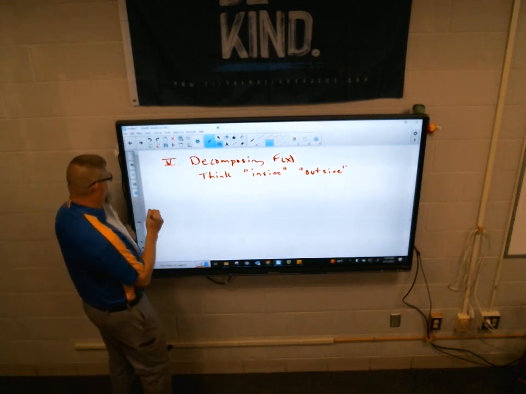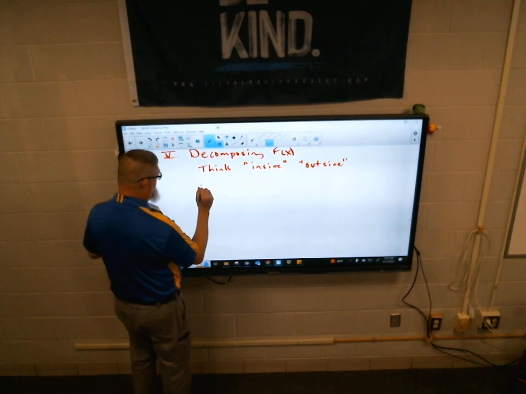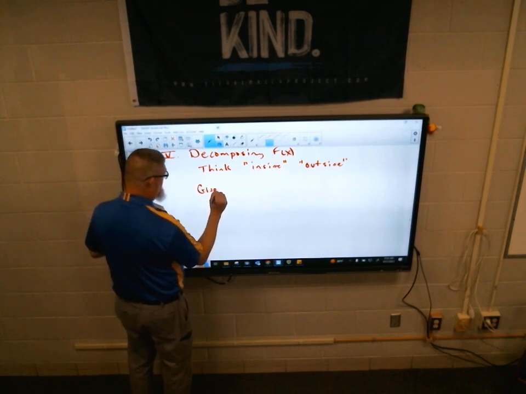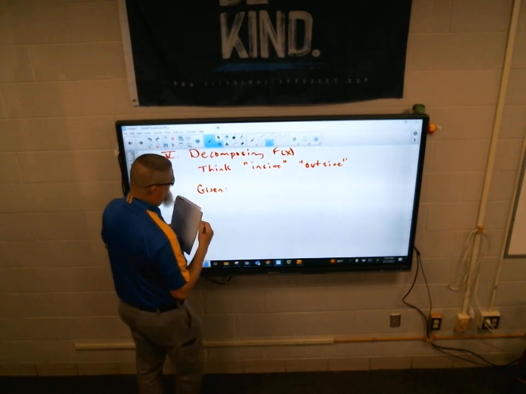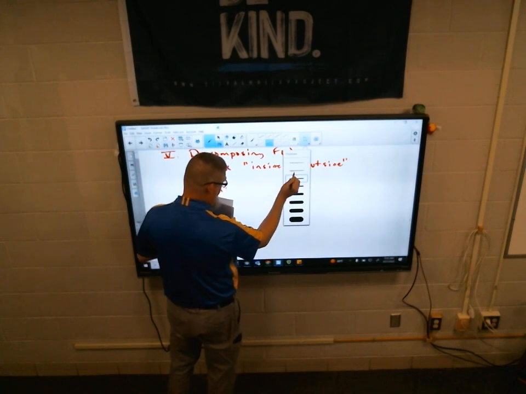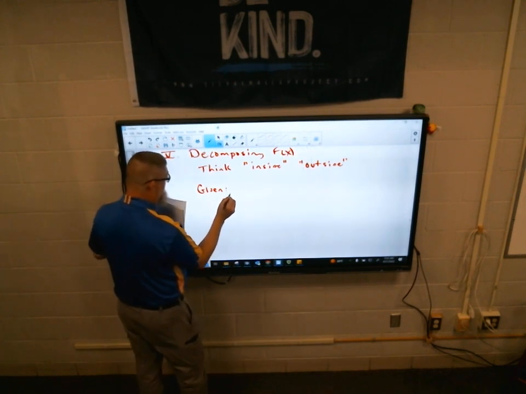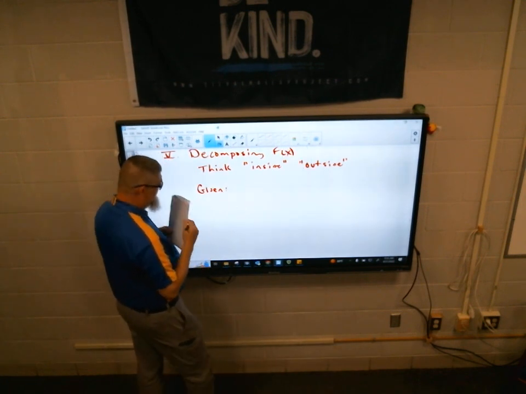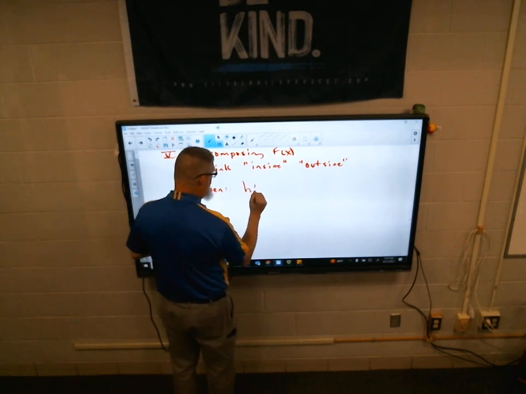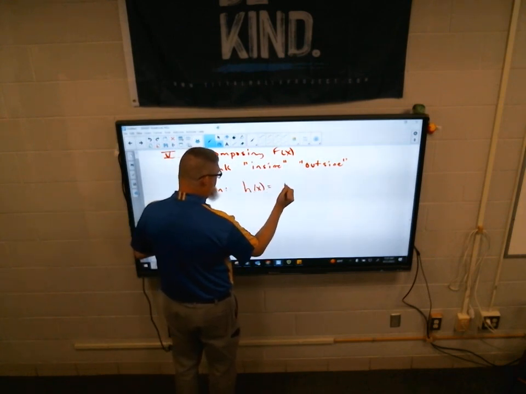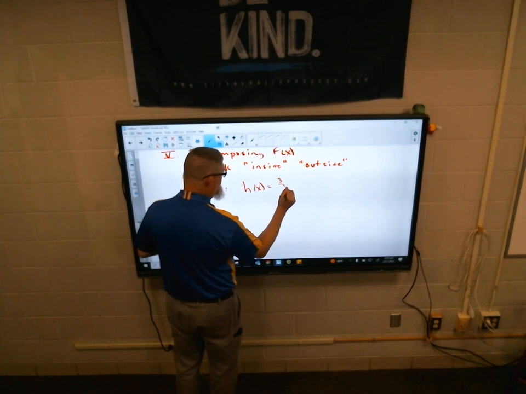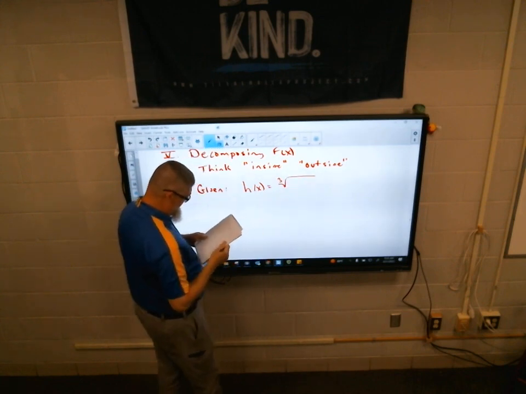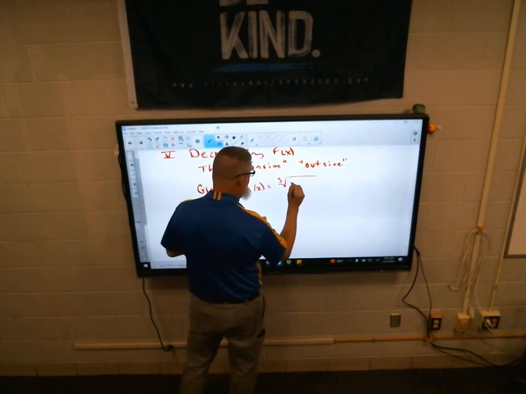So let's say I give you, I apologize, I'm going to change that thickness. There we go. So given h of x equals, let's say something like the cubed root of x squared plus 1.